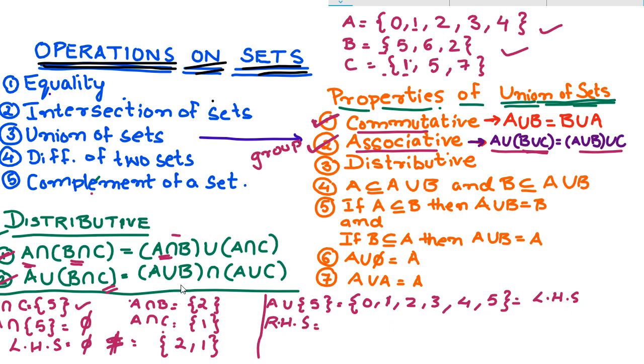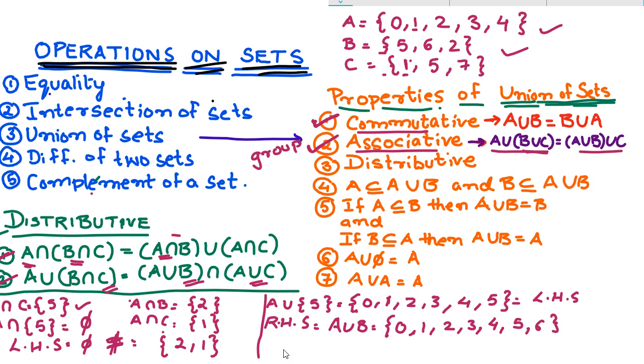So now in RHS we have got A union B and A union C. Okay, A union B is, so we have A union B, which is 0, 1, 2, 3, 4, 5 and 6, right?